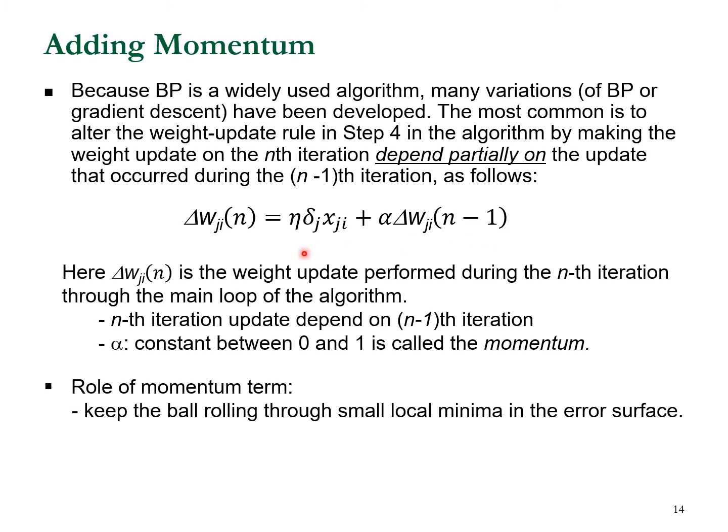So what it says here is we stick to the previous direction of updates when updating weight values. It's like this: when you keep increasing the weight values by adding positive values, and then all of a sudden this delta value becomes a very large negative value, there is a drastic change.